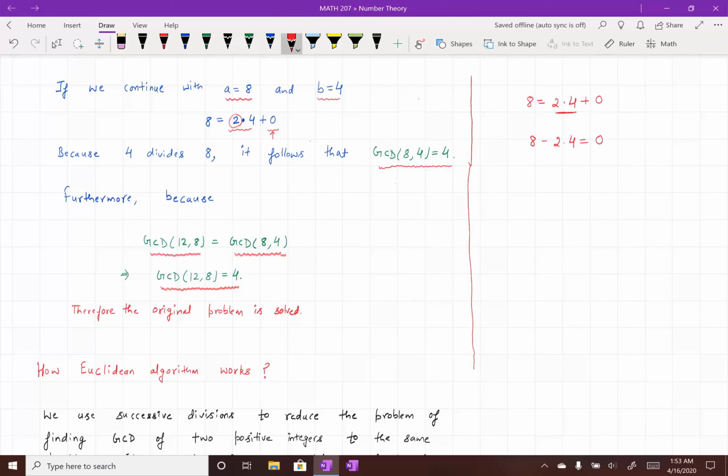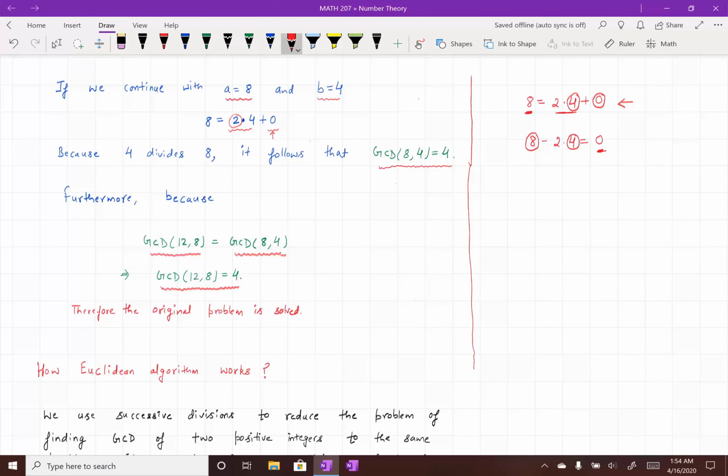And based on our earlier analysis, we can say any common divisor of 8 and 4 is going to divide 0. And if you look at your earlier expression, we can also make a similar observation here that any common divisor of 4 and 0 is going to divide your given integer 8.